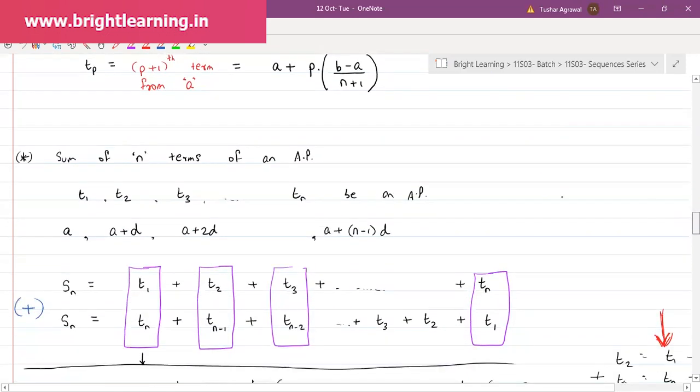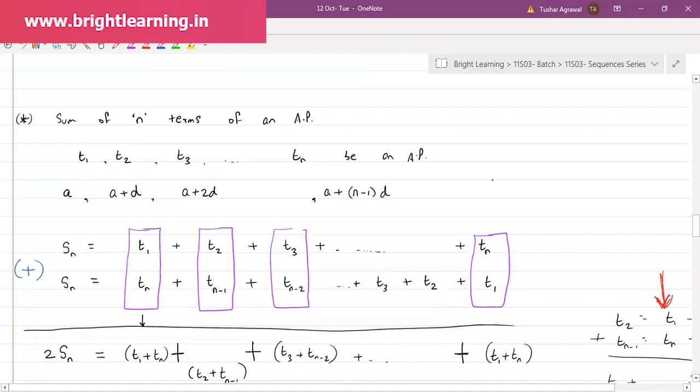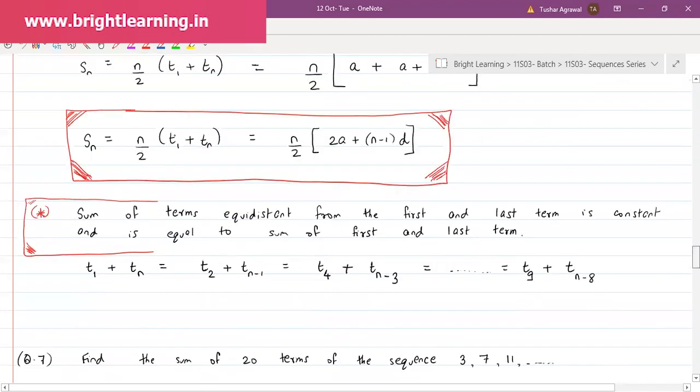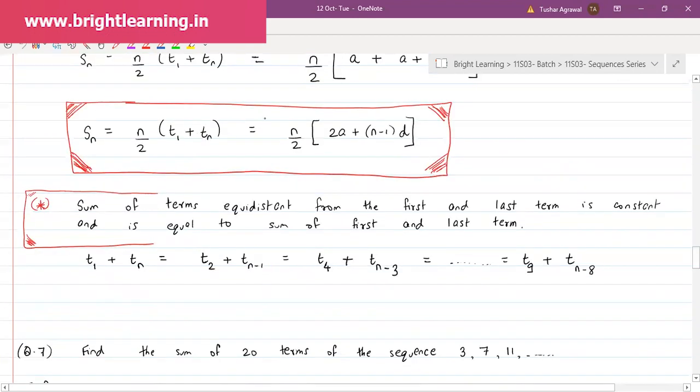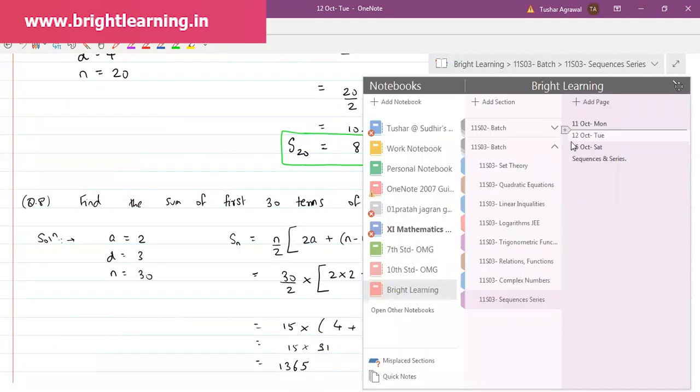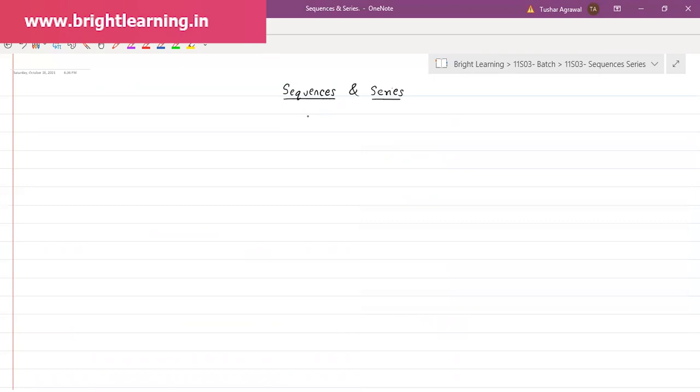After that, the sum of n terms of an arithmetic progression, and the formula that we got was n, number of terms, upon 2 times first term plus last term, or in other words, n upon 2 times 2a, that is first term, plus n minus 1 d. And we saw some problems over these. Basically, these two are the only formulas in an arithmetic progression. Let's solve some more questions about this.